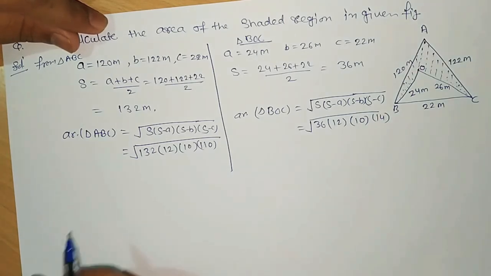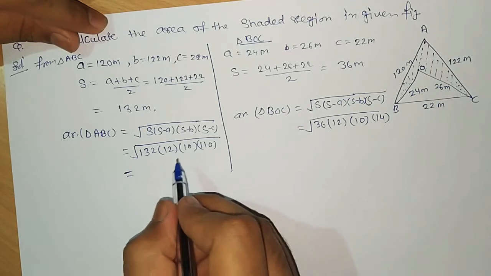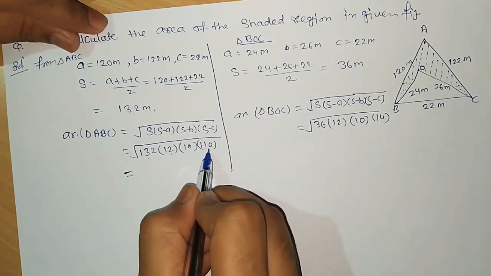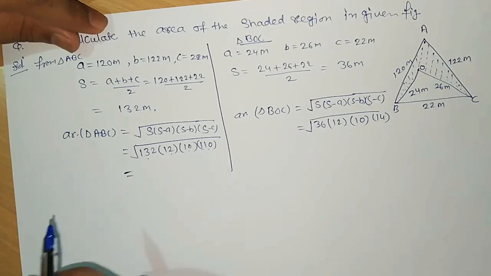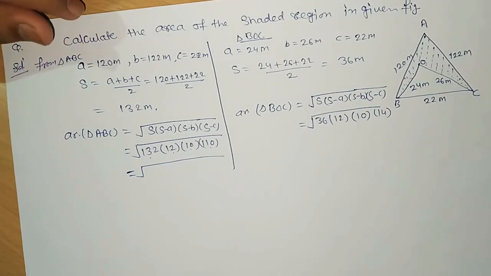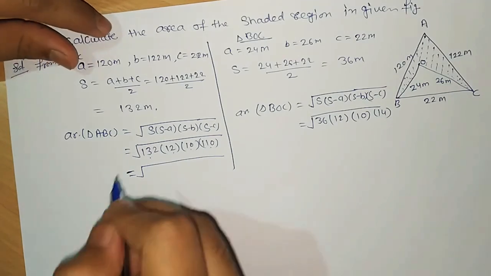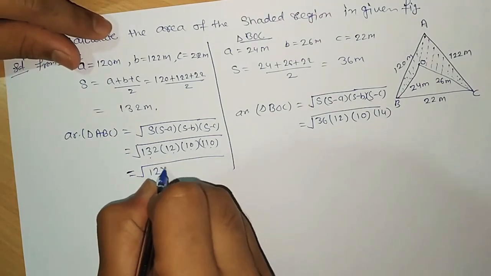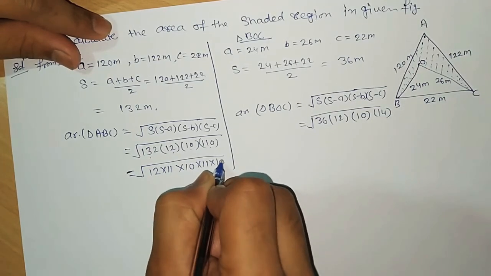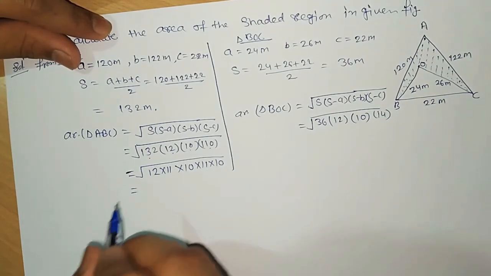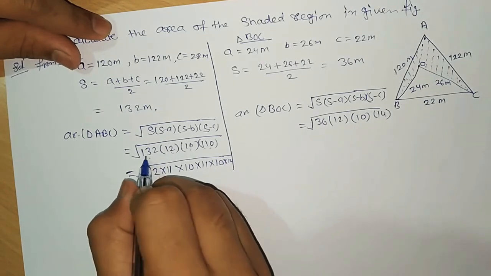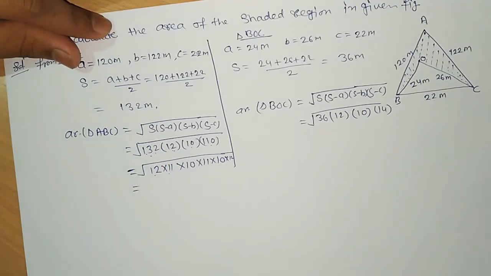Okay, now in this equation, 132, 12, 10 and 110, then the easy form of this step is 12 into 11 into 10 into 11 into 10 and 12, because 132 equals 12 into 11.